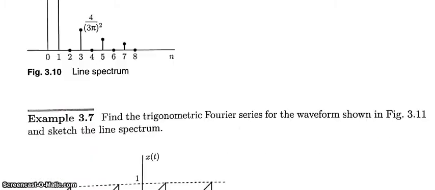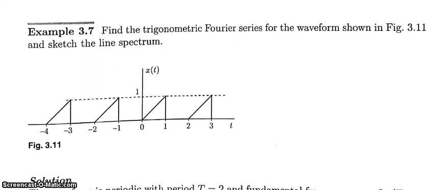Then next is the trigonometric Fourier series for the waveform shown in the figure, and again we have to plot the line spectrum. Consider this question: what is given is the graphical representation of x of t, the mathematical equation is not given.